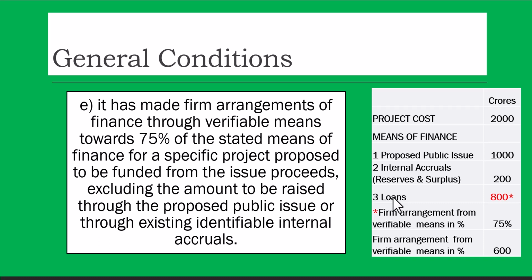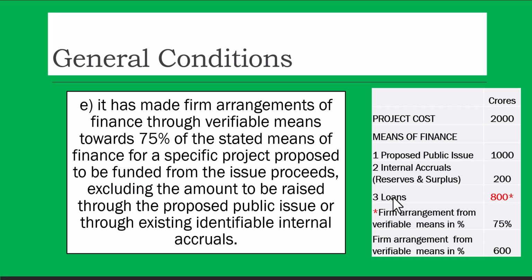So to make sure of this, if the company has some money to be picked up from loans from financial institutions or banks, they should get a firm arrangement, a letter, which they should file with SEBI, that they have the complete backing of their lenders, that they are going to lend at least 75% of the money which they have stated from the means of finance.